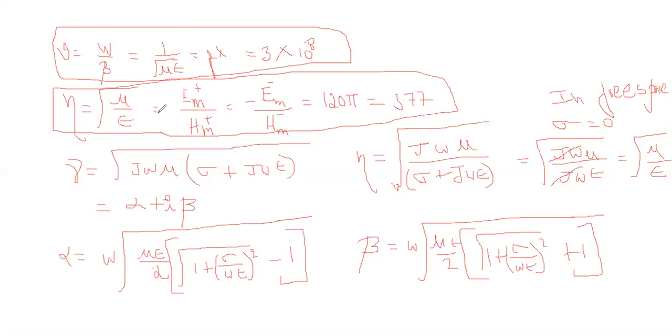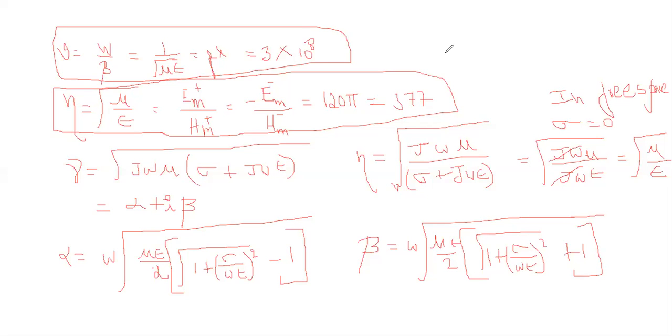If it is a perfect conductor, we will get j omega mu by sigma. So these are all the formulas you can use to find the uniform plane wave in perfect dielectric, uniform plane wave in a perfect conductor, and uniform plane wave in lossy and lossless dielectric, and the practical dielectric also.